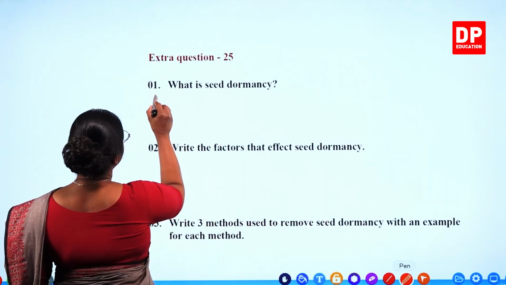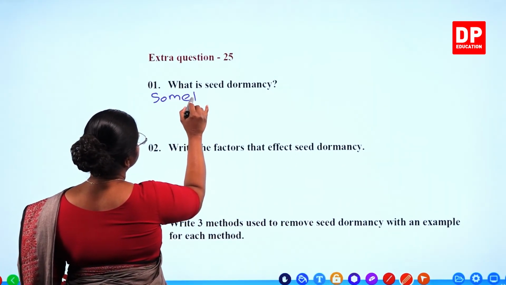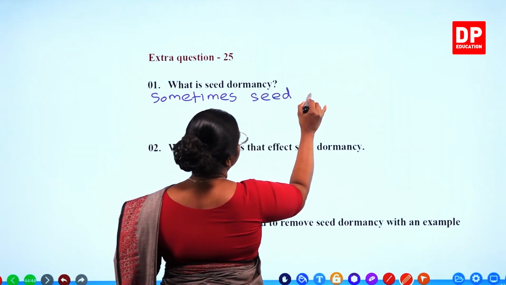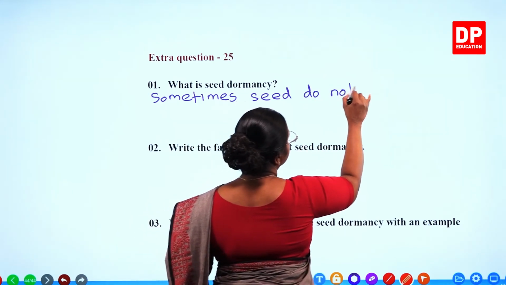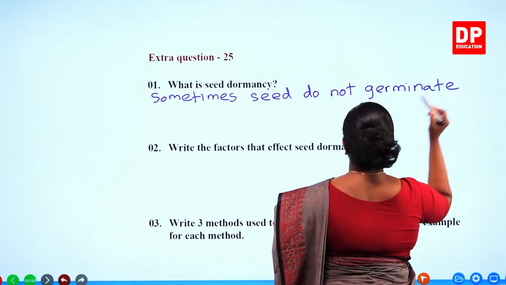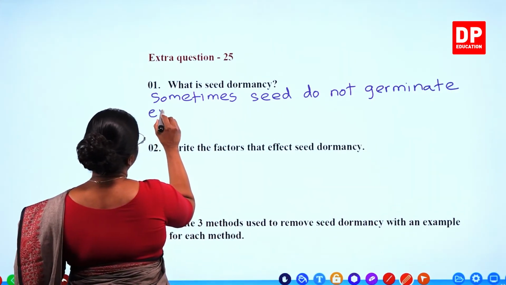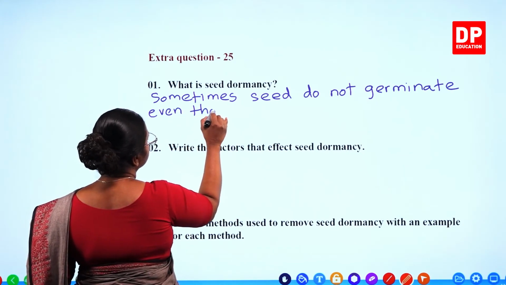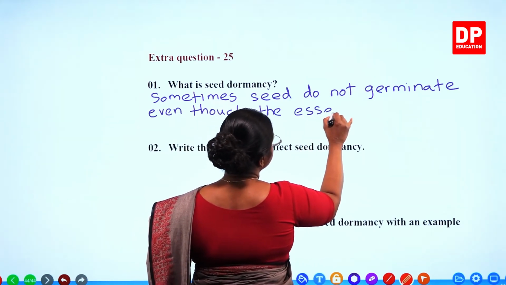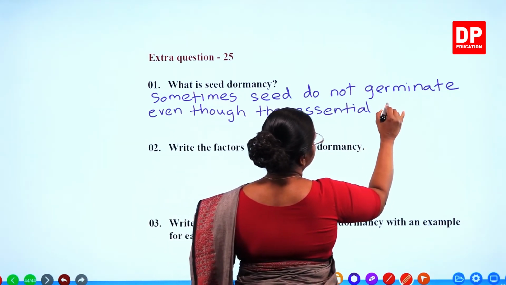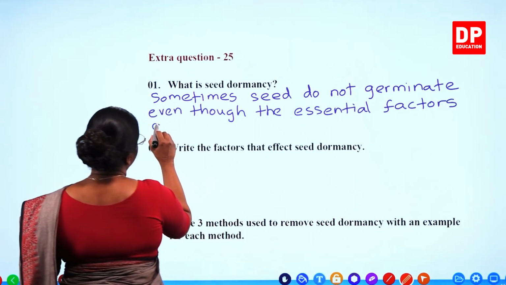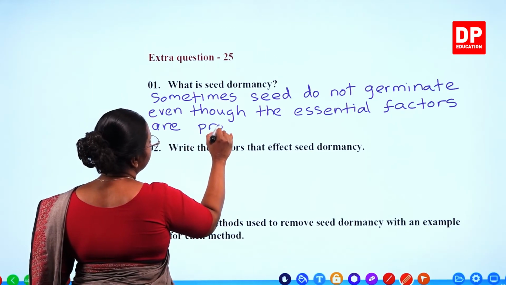Sometimes seeds do not germinate even though the essential factors are provided.